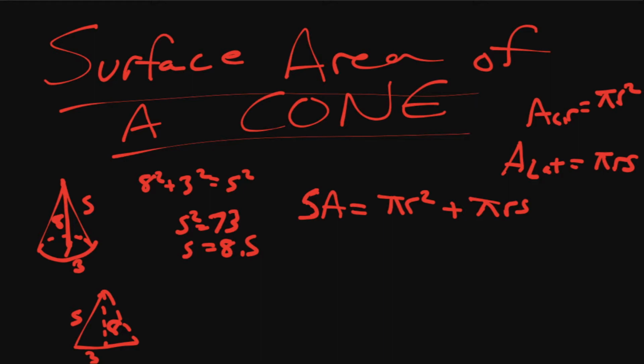Now we have the radius and the slant height, so we can just plug in: pi times 3 times 8.5.